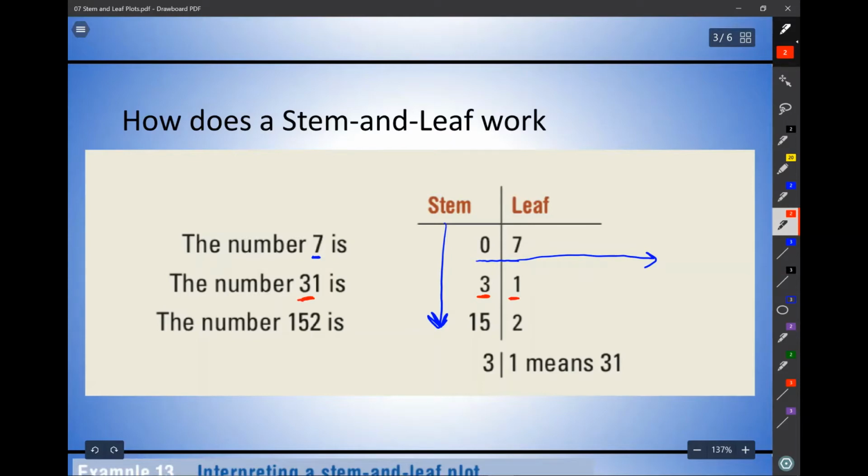If we keep going down, we have a 15 in the stem and a 2 in the leaf, we make the number 152. The other thing about a stem and leaf is that we can list multiple numbers here in the leaf.